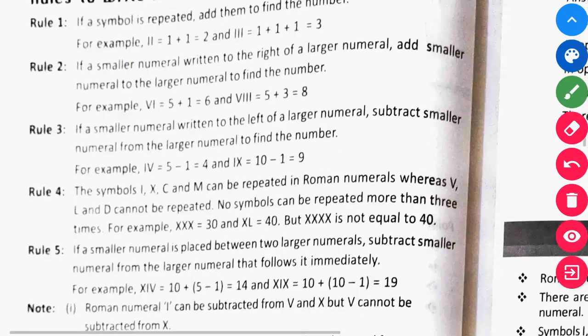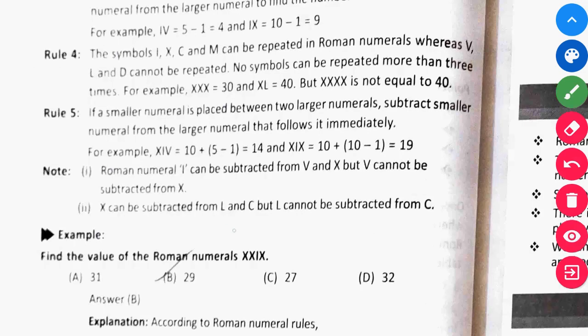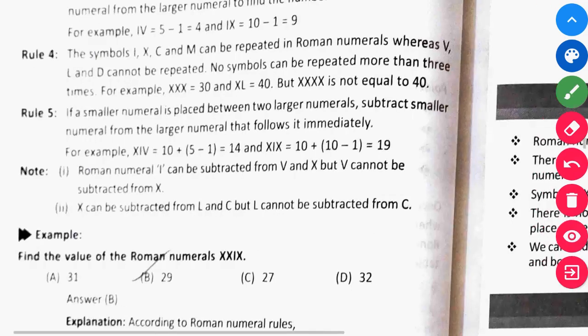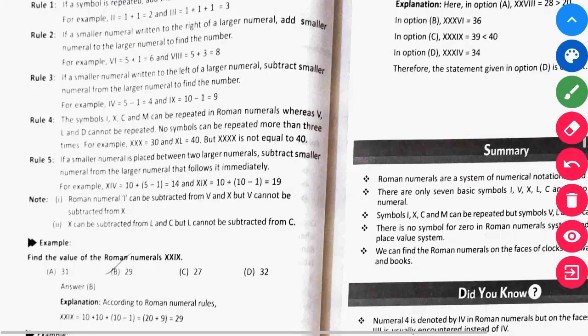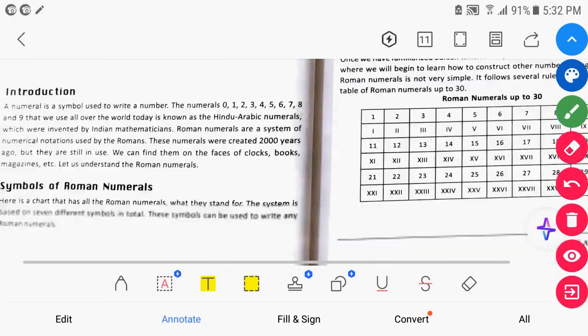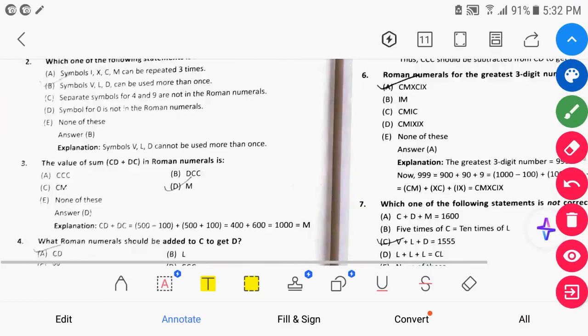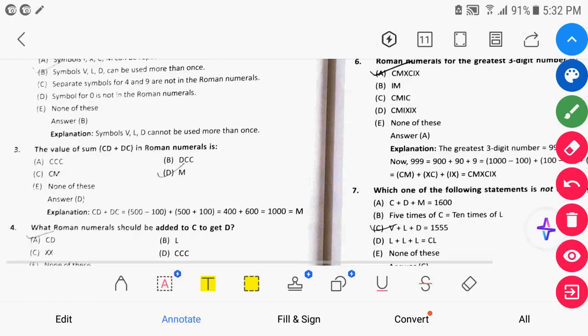Okay. Now X can be subtracted from L and C, but L cannot be subtracted from C, where C denotes 100, L denotes 50. Okay. So these are some rules related to Roman numerals.